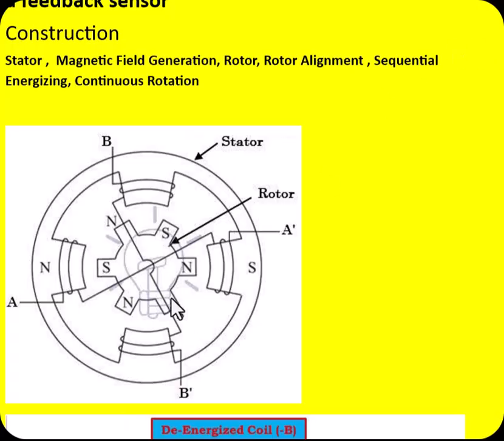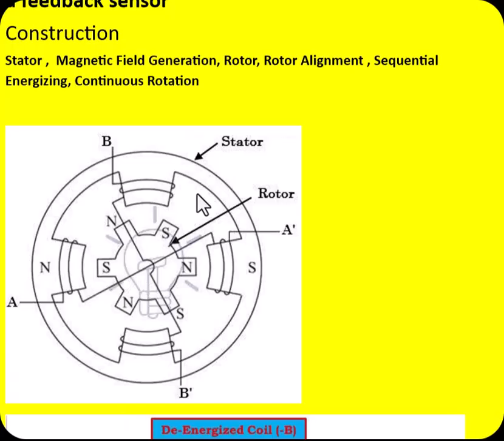Look at this. This is the rotor whose poles are already fixed. This is north pole, this is south pole, this is north pole, this is south pole, this is north pole, and this is south pole. Means totally there are 6 poles in the rotor.